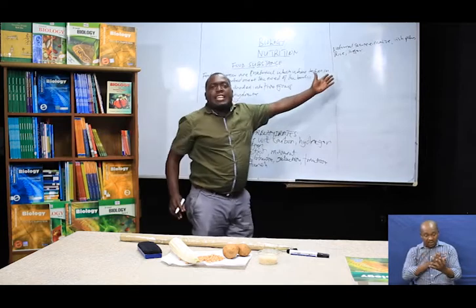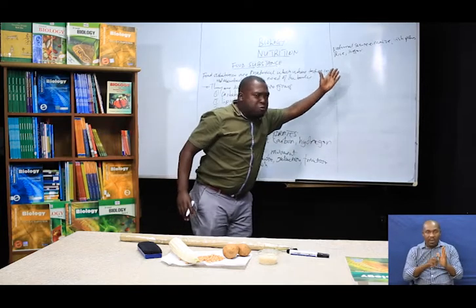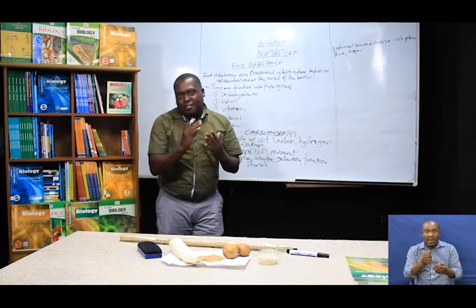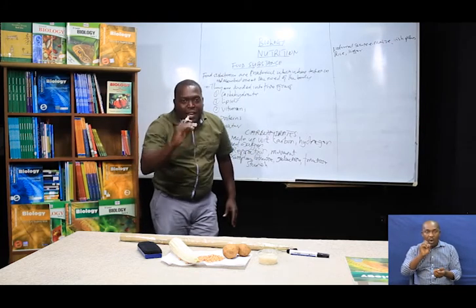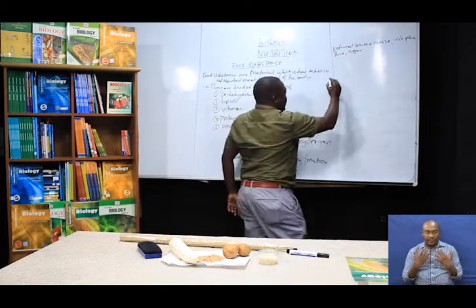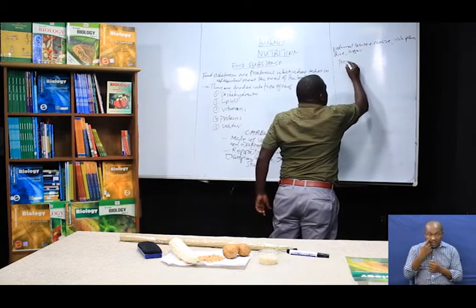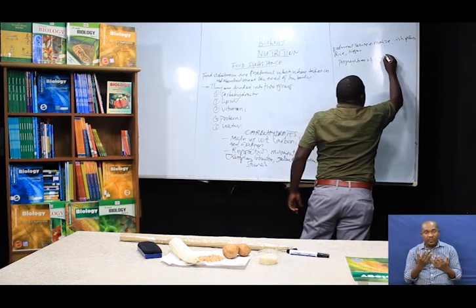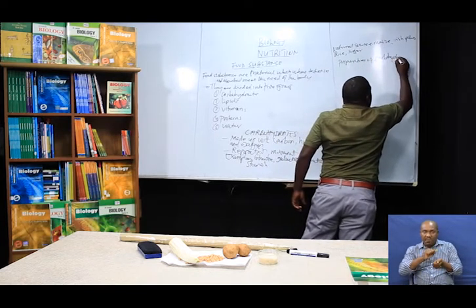So these are examples of natural foods that can provide us with what? With carbohydrate. Now from there, my dear students, let us go directly to the properties of carbohydrates.